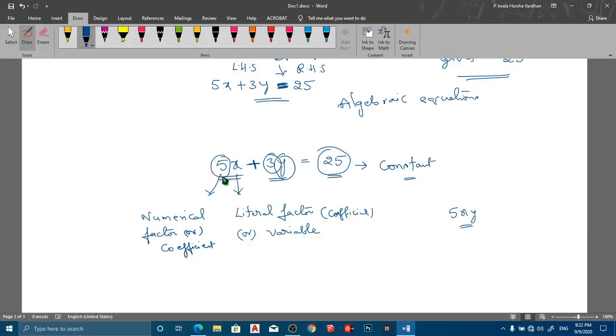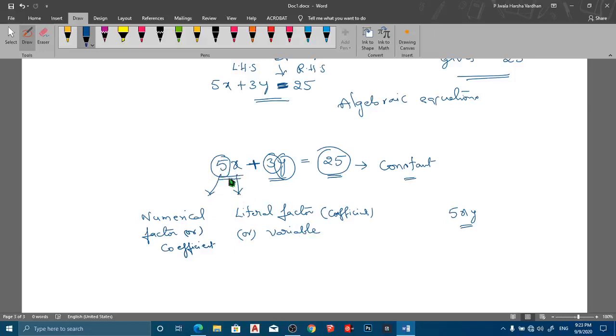Here whatever the factors are in the form of the numbers are called numerical factors or numerical coefficients. Whatever the factors are in the form of letters like A, B, C, D up to Z, any letter you can take, X, Y, Z, P, Q, R, like that. So these are called as the literal factors or literal coefficients and also called as the variables. Yeah, this is a constant factor.